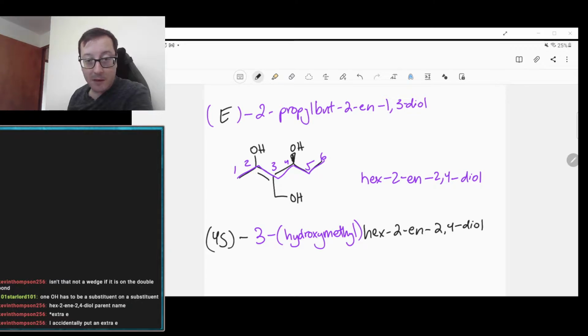And so that would be the name for this thing. And yeah, so you're absolutely right. Jack said that you would need to put the substituent within the substituent, and in that case, you always use the prefix terminology, so it will be hydroxymethyl there.